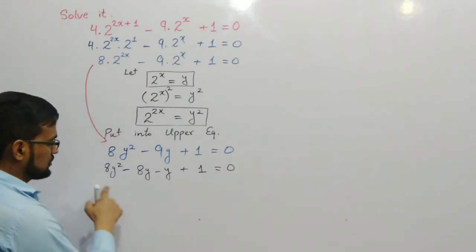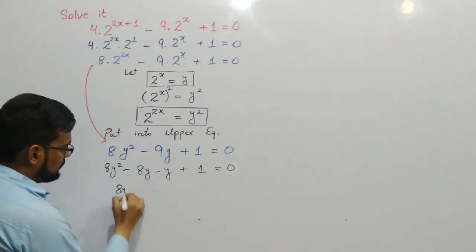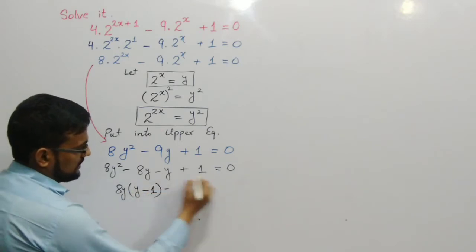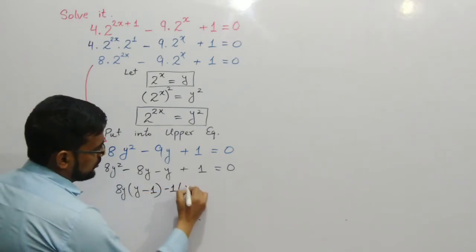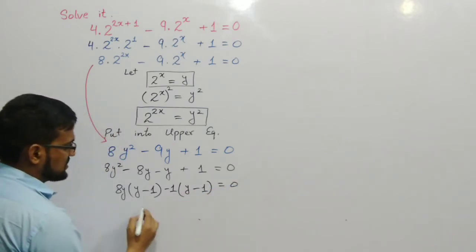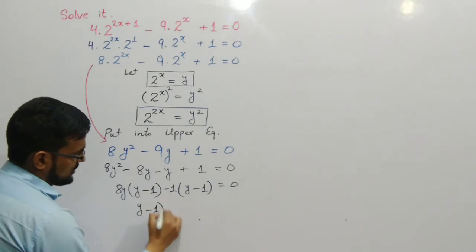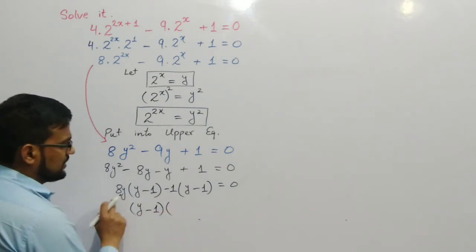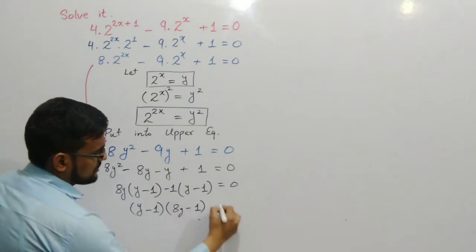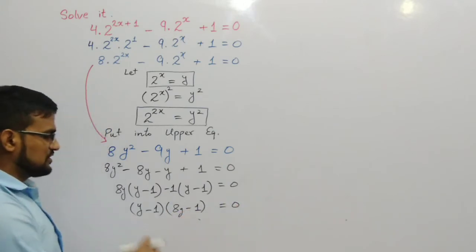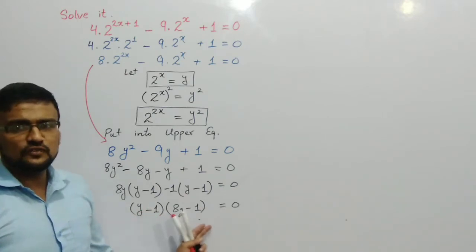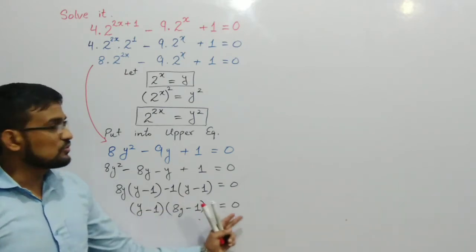Taking 8y common from the first two terms gives y minus 1, and here taking minus 1 common gives y minus 1. Both brackets are the same, so take y minus 1 common, and 8y minus 1 is left. So these are two factors, y minus 1 and 8y minus 1, whose product is equal to 0.